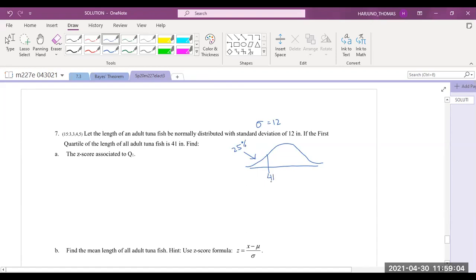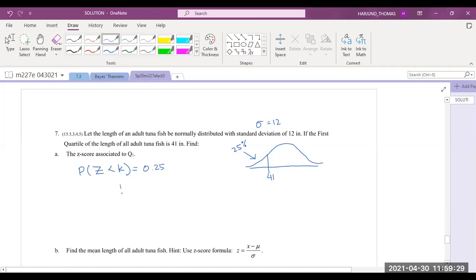Find the Z-score associated to the Q1. Let me use K instead, such that the area to the left is 25%. The Z-score.